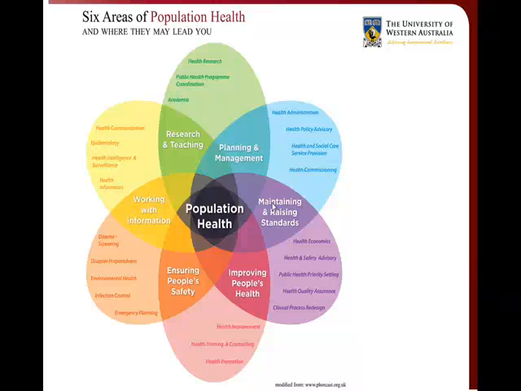Also thinking about issues of screening, about protecting people from environmental hazards. In terms of working with information, we don't know whether things work unless we have the data to assess that. So information is very important within population health.